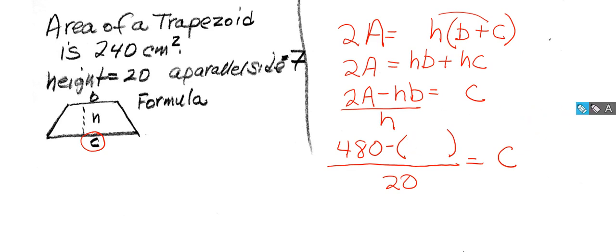So we'll use the power of an eraser. And 480 minus 140 is going to be 340. Just want you to see how this is working out here.